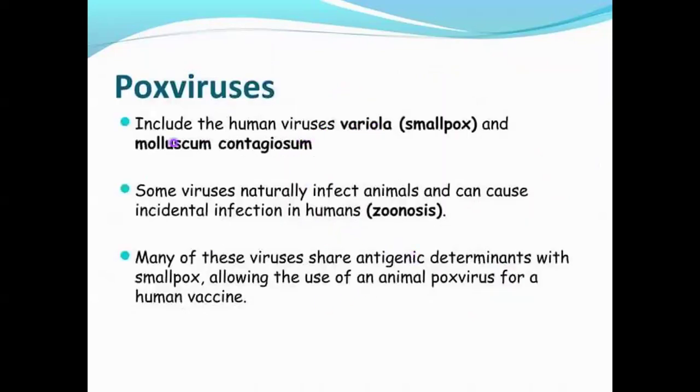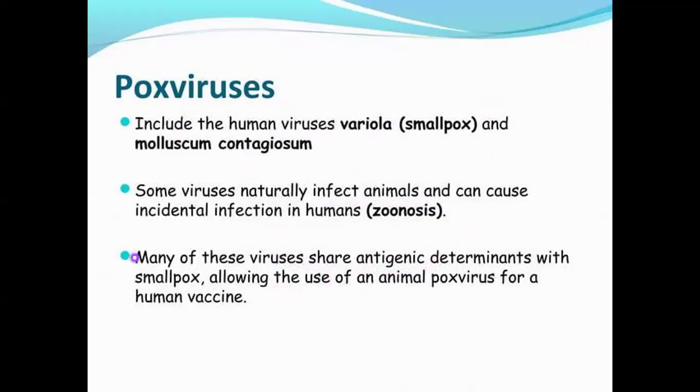Poxviruses include the human viruses variola, which is smallpox, and molluscum contagiosum. Some viruses naturally infect animals and can cause incidental infection in humans, which is called zoonosis. Many of these viruses share antigenic determinants with smallpox, allowing the use of animal poxvirus for a human vaccine.